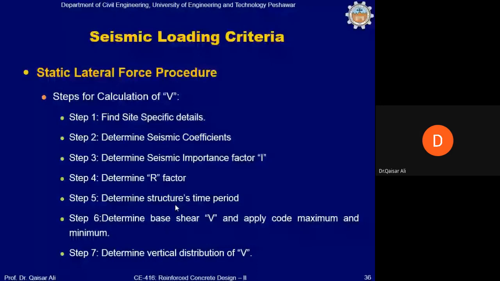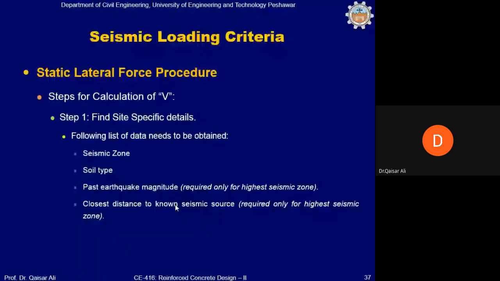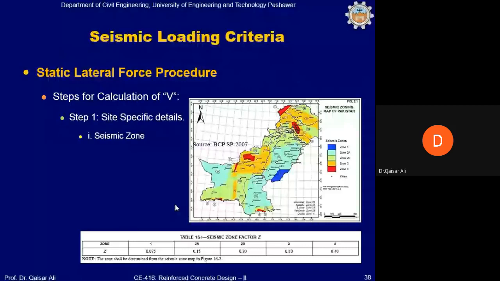We will start with step 1, site-specific detail. In site-specific detail, the seismic zone in which the building is located shall be determined from the seismic hazard zoning map. For example, if the structure is located in seismic zone 2B, let's say in KP, then once we know the seismic zone, we go to the table of seismic zone factor.